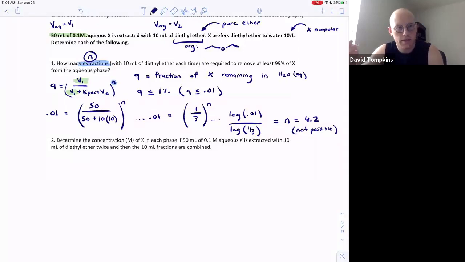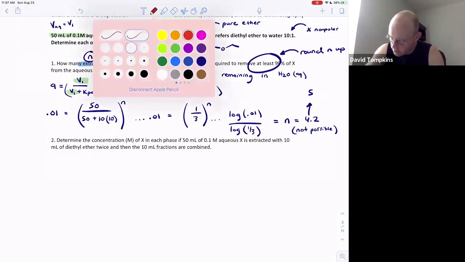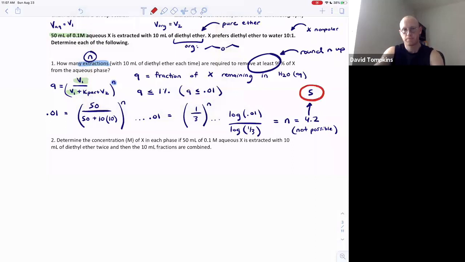So we either do the diethyl ether extraction 4 times or we do it 5 times. And if you want to get at least 99% out, we're going to round n up. The only reasonable number of extractions to do to ensure that we remove at least 99% is 5 full extractions. So the total volume of the ether, the organic layer, would be 10 mils times 5. We would do 50 mils total consumption of ether.